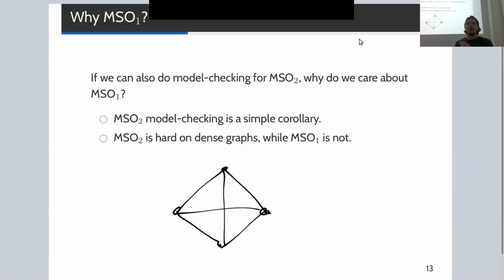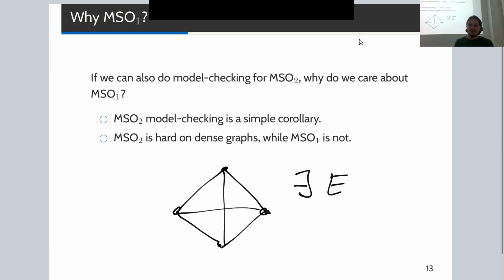But MSO2 model checking suddenly becomes much more difficult. If every edge is there, you can say there exists some set of edges E. What this really does is let you quantify over every possible subset of edges, so in a sense over every graph of size n. So you could take an arbitrary MSO formula and express that there exists some graph with n vertices which satisfies this formula, just by quantifying over the edges of this hypothetical graph.